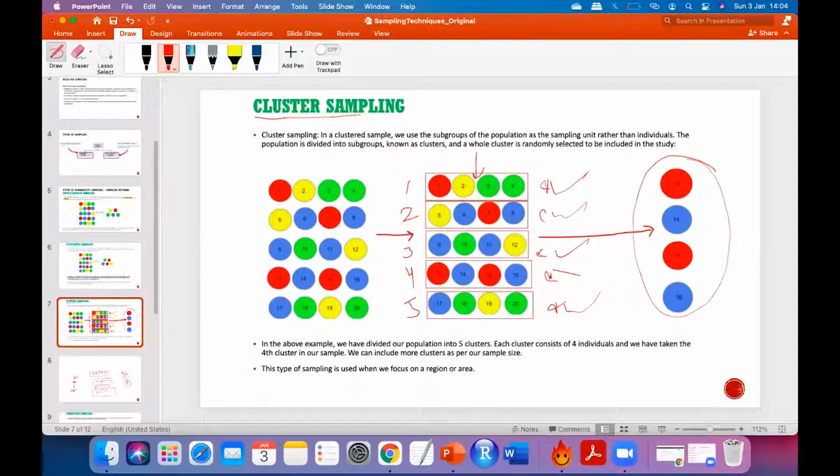In one cluster it can be 4, in another cluster it can be 3 only, in another it can be 4. But you have to keep in mind that the minimum number of points in the cluster should be equal to the number of points you want as a sample. Let's say I want 4. If I want 3, then what is the minimum requirement? Each cluster should have 3 points. Yes or no?